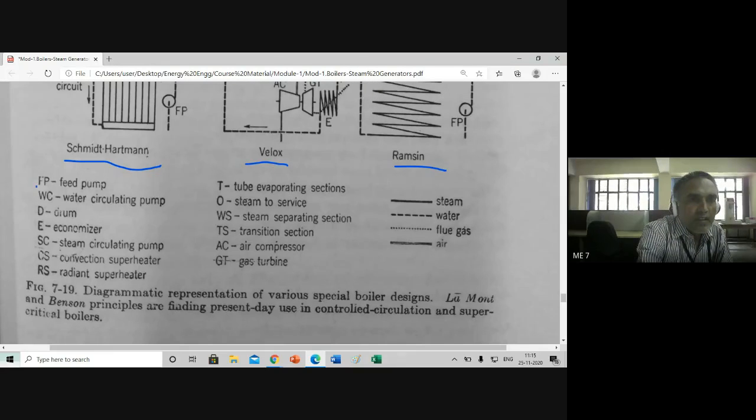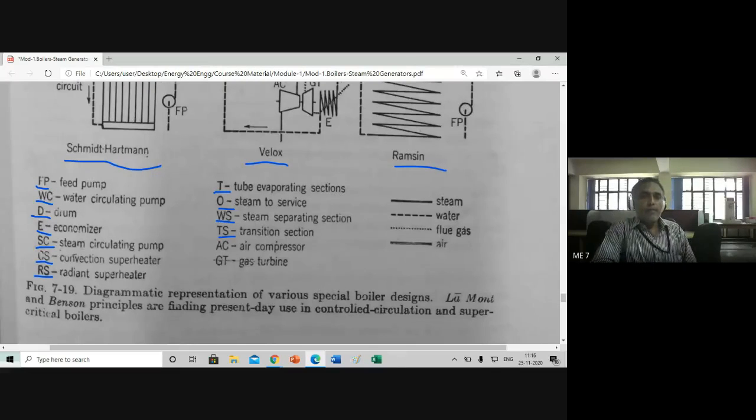See, FP means feed pump, WC is water circulating pump. Look at the representation. D means drum, E is economizer, SC is steam circulating pump, CS is convection superheater, RS is radiant superheater, T is tube operating sections, O is steam to service, WS is steam separating section, TS is transition section, AC is air compressor, GT is gas turbine.